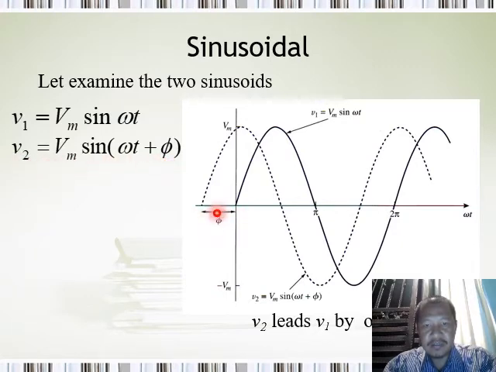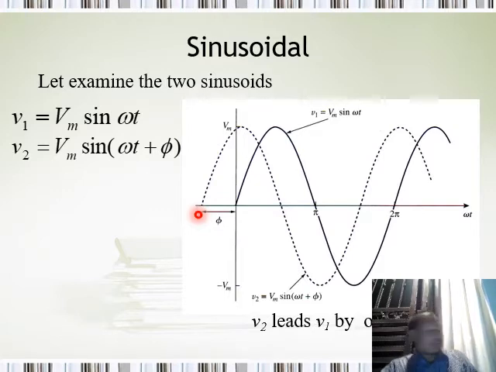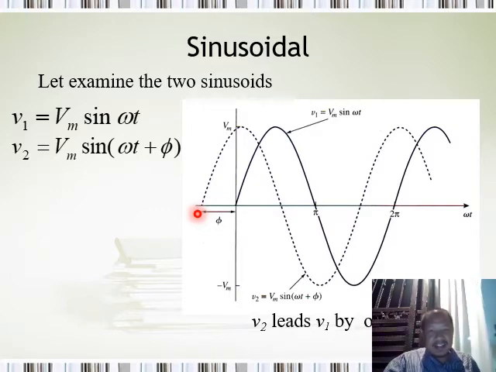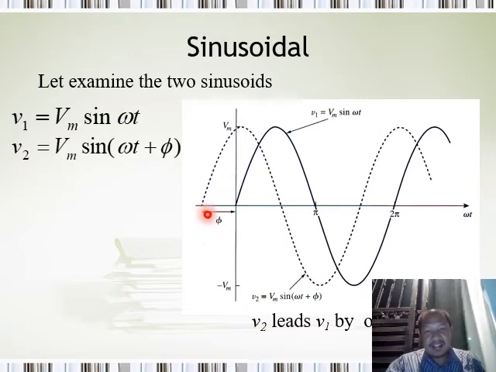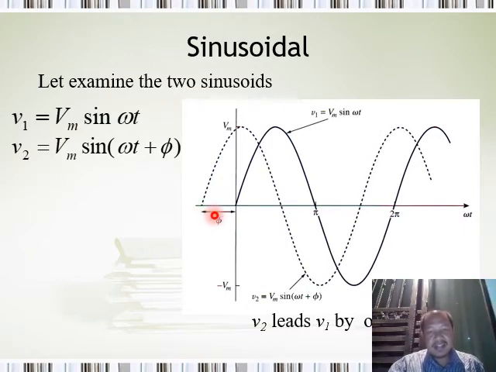Phi is the value of this one. Okay, so from this you can see V2 leads V1, or V1 lags V2.